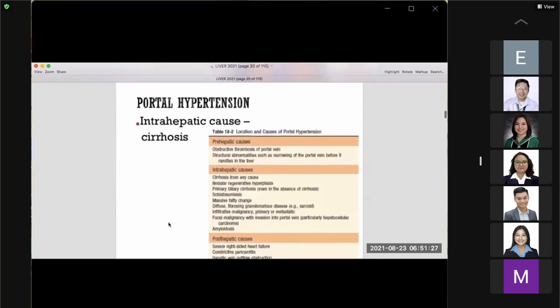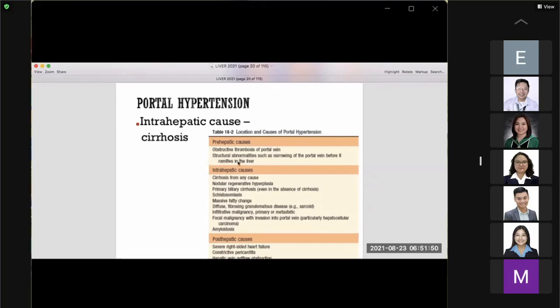With regards to portal hypertension, there are several causes of this. Prehepatic-wise, as you can see in the table that is found in your book, if there is obstruction with thrombosis of the portal vein, this can happen.